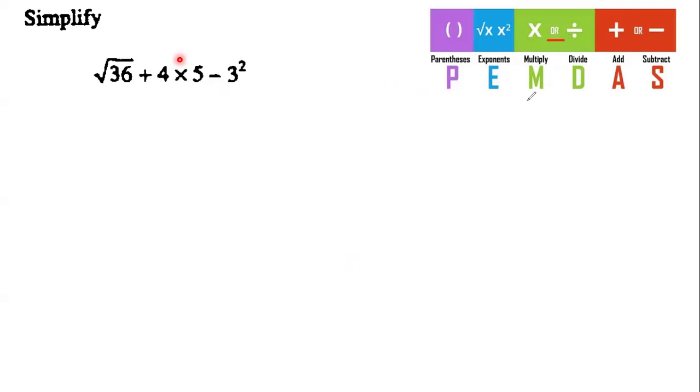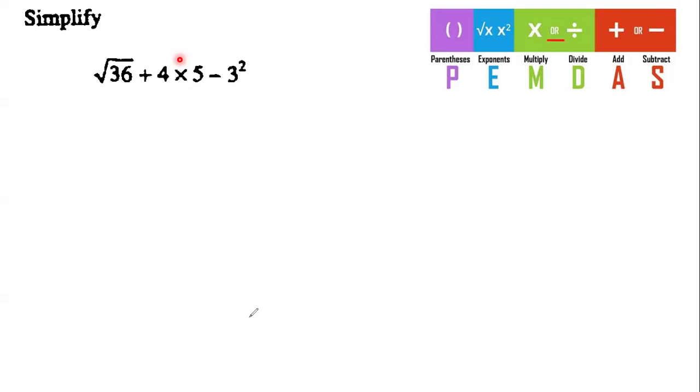Multiplication and division are equally weighted. That means they have the same weight; they're on the same tier. So how do you know which one you do first? Whichever one comes first in the equation.